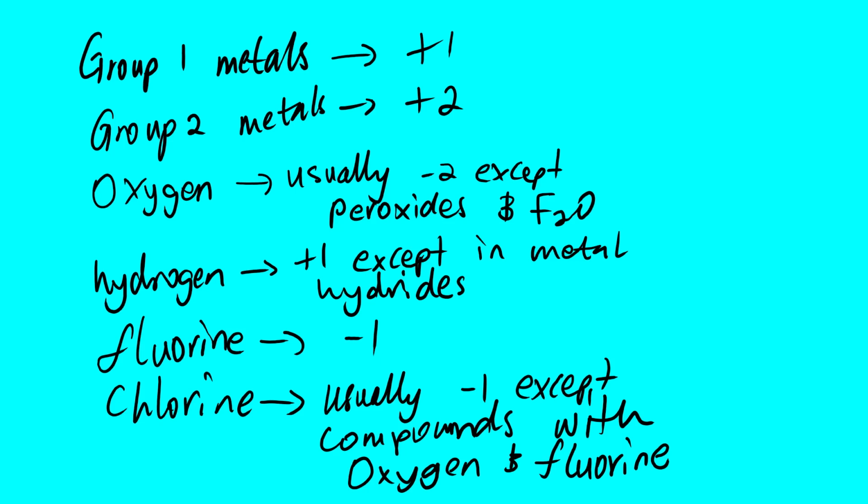Hydrogen is 1 plus except in metal hydrides. Fluorine is always 1 minus. Chlorine usually is 1 minus except in compounds with oxygen and fluorine. You should take note of this. It will assist us a lot when it comes to determining oxidation numbers when we are given the compounds.